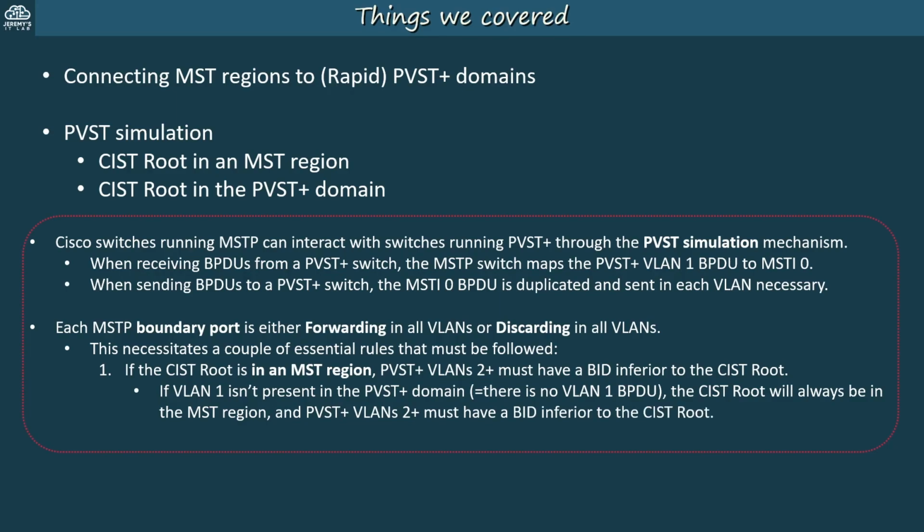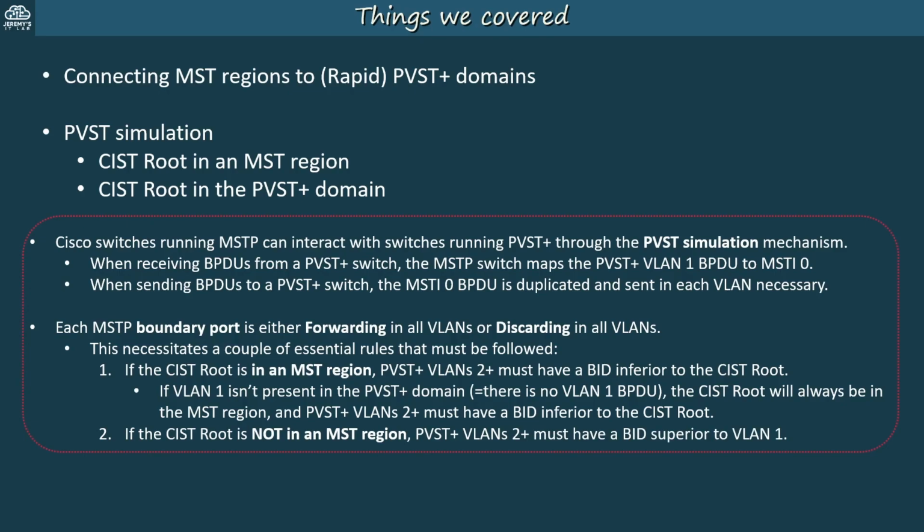PVST Plus VLANs 2 and greater must have a bridge ID inferior to the CIST route. We'll test that in the lab video. And the second rule is if the CIST route is not in an MST region, PVST Plus VLANs 2 and greater must have a bridge ID superior to VLAN 1.